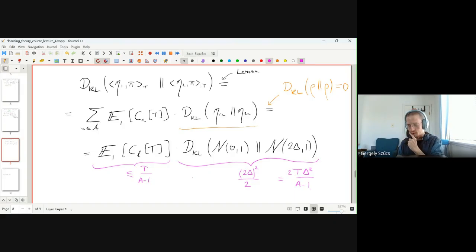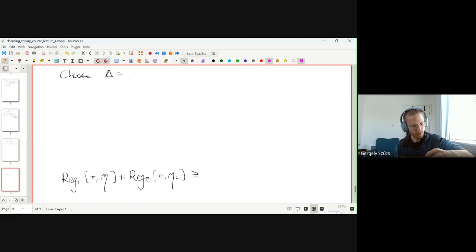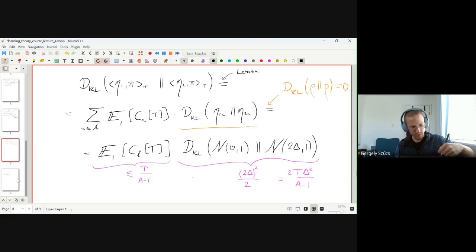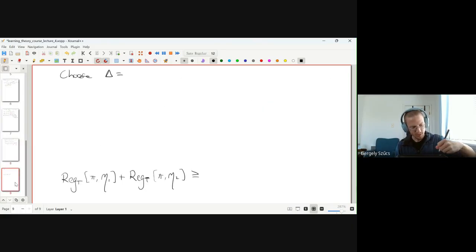So we're going to choose delta to be something that matches this. We're going to choose it to be the square root of A minus 1 over 4t. You can tune these parameters, but this is a reasonable choice.